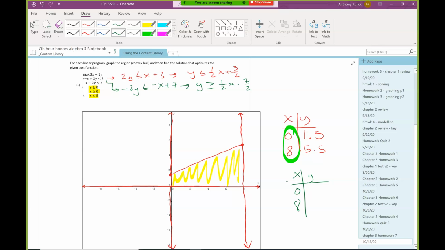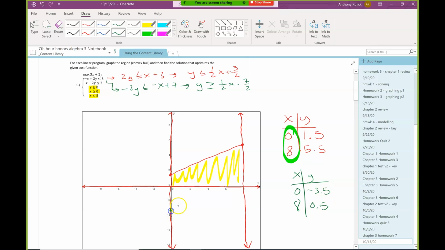I'm going to use 0 and 8 because again, that's the beginning and end of my possible x values that might be feasible. So when I plug in 0, I get -7/2 or -3.5. And when I plug in 8, I get +0.5.